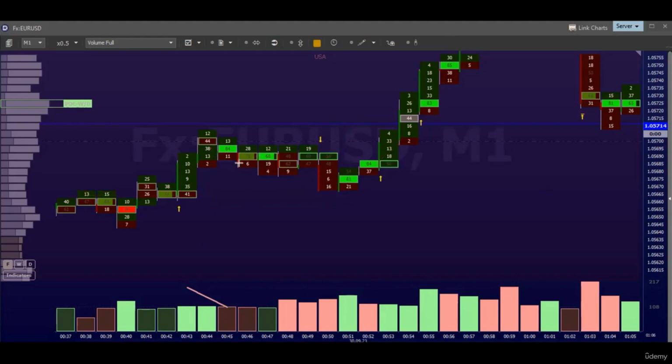It's a ranging market. Sellers, again buyers, again sellers, again buyers. So this is a ranging, sideways market, a little range, a short range. So not a strong downtrend here.